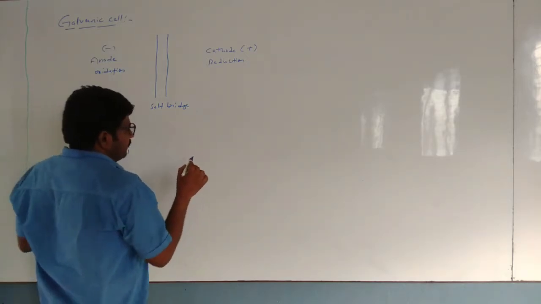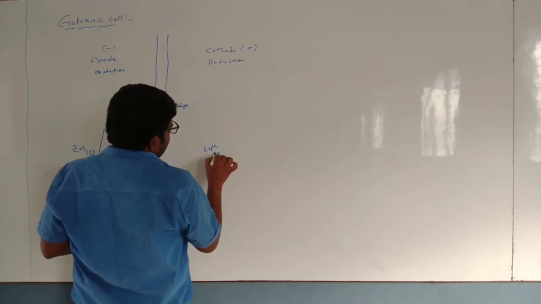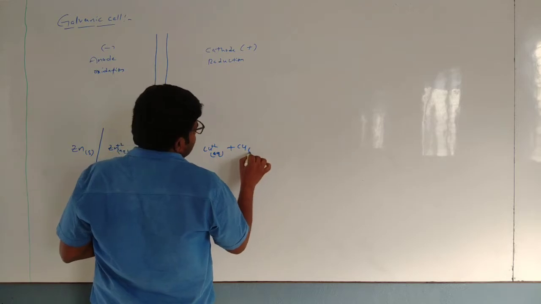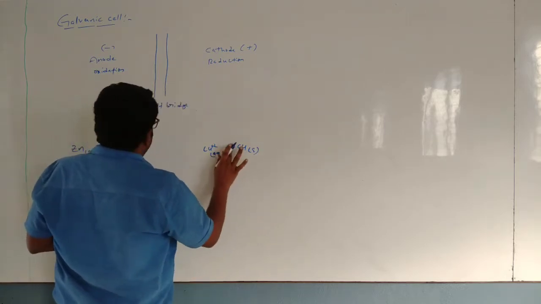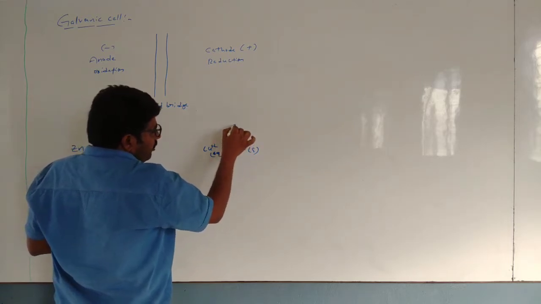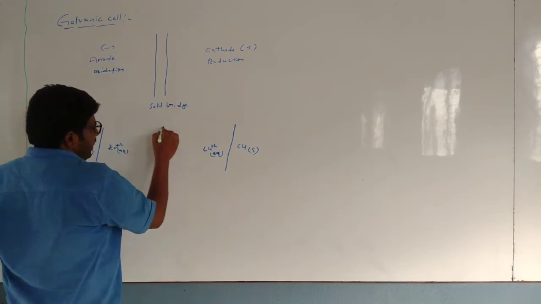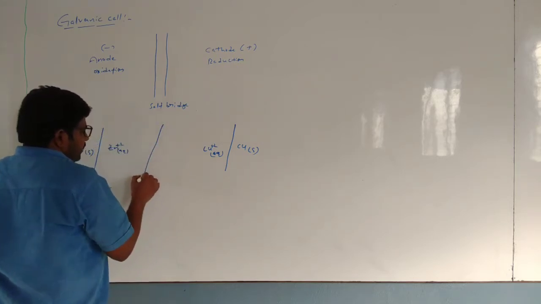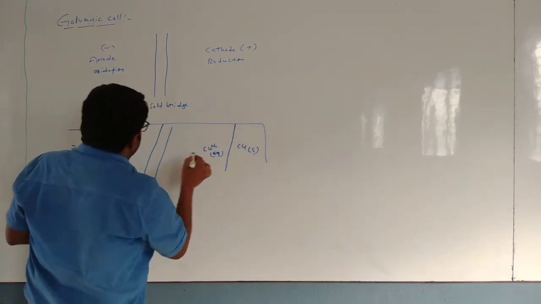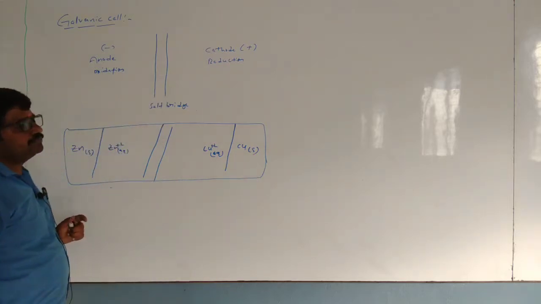And what is the cathode reaction? Cu+2 aqueous ion is converted into Cu, that is solid form. So copper ion is converted to copper, and we separate them with a single line. This is a half cell, this is a half cell. These are separated with a salt bridge. This is called the cell representation of a galvanic cell.